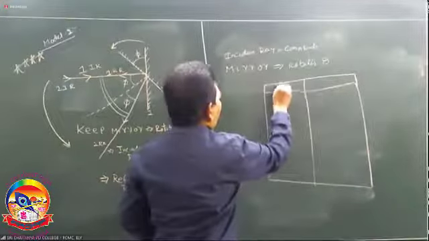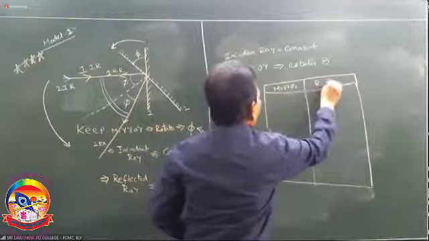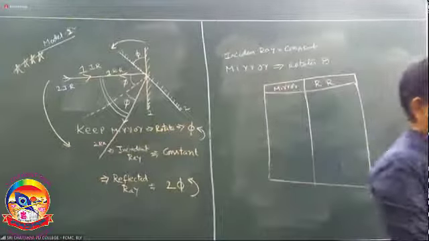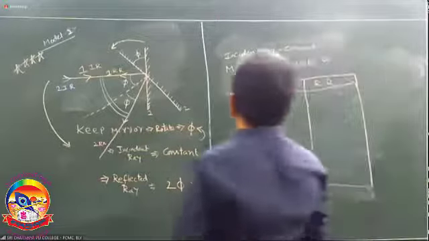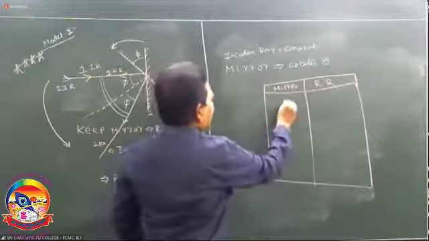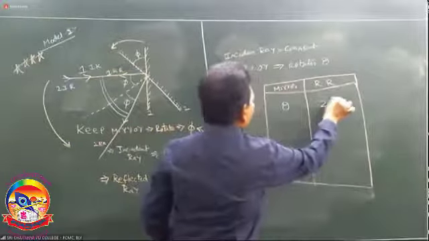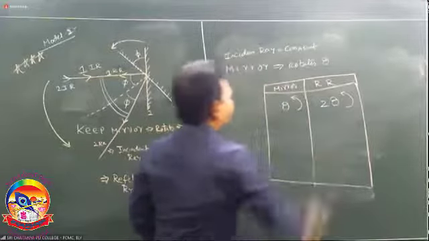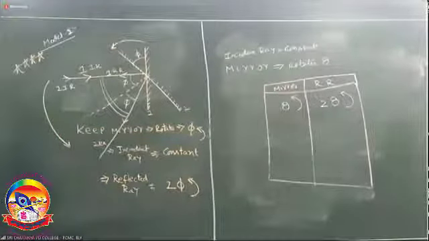Exercise 3 problem: mirror, reflected ray. If the mirror rotates by theta, the reflected ray rotates by 2 theta. What is the sense? Same.